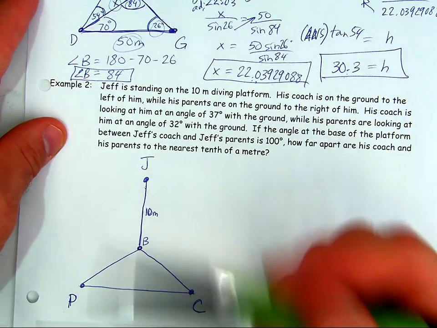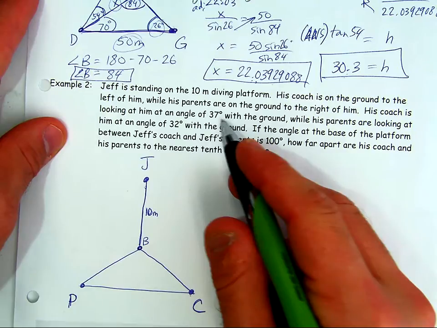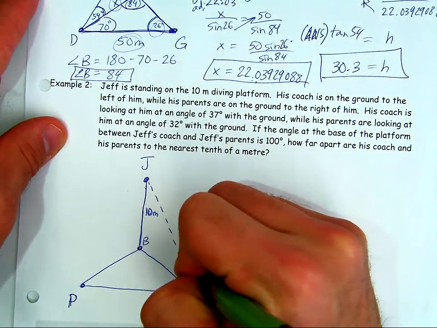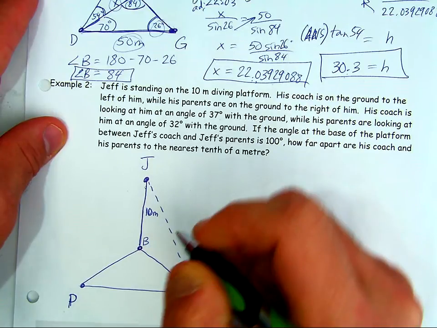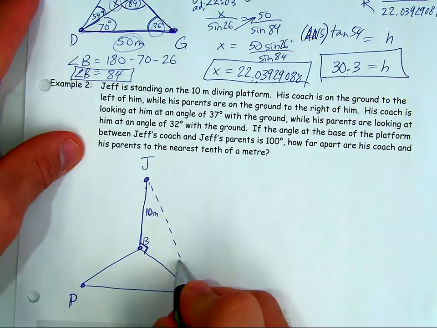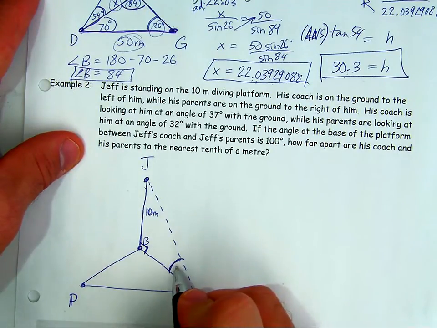Jeff's looking at us. His coach is looking at him at an angle of 37 degrees with the ground. So if I take a look at this 90-degree triangle, because this triangle is coming out of the board here, this angle where the coach is looking up at Jeff is 37 degrees.